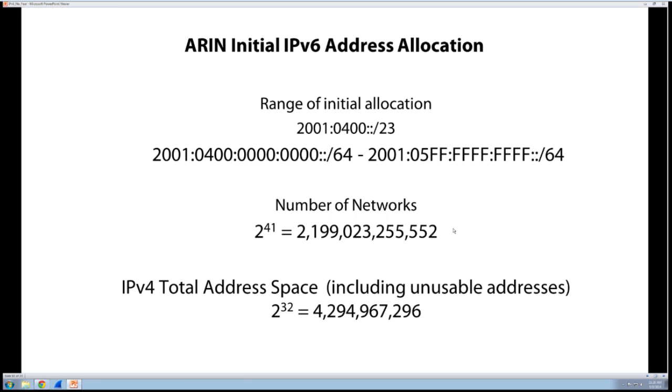And then on each network, we can have our 18.4 quintillion hosts per subnet. So right now, with just this initial allocation, we can hand everybody on Earth, well, 2 trillion people, yeah, we can hand everybody on Earth an IPv6 network address, which is starting to get to be really, really kind of cool, actually.